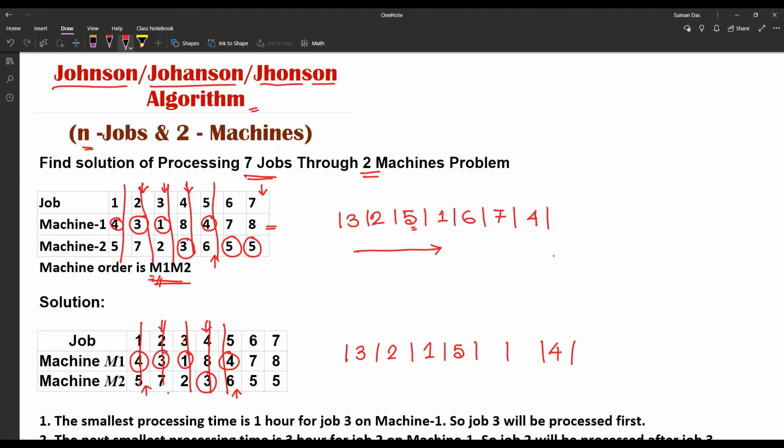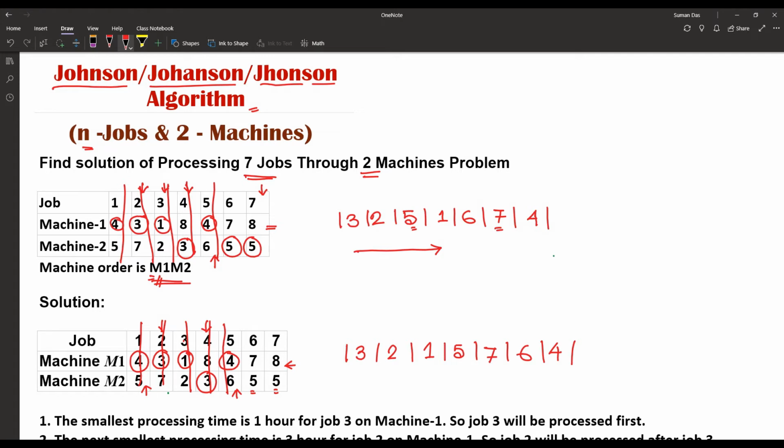Next, we check the next minimum processing time, that is 5, and that is for machine M2. Here once again we check the largest processing time for machine M1. Job 7 has the largest processing time; earlier we wrote it last, but here we write it first, then job 6.